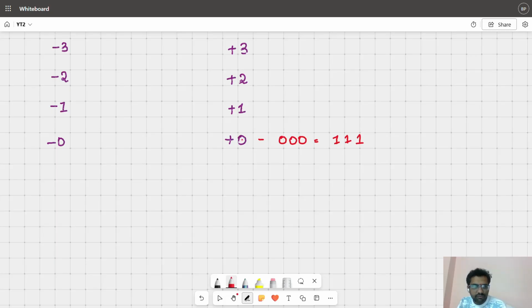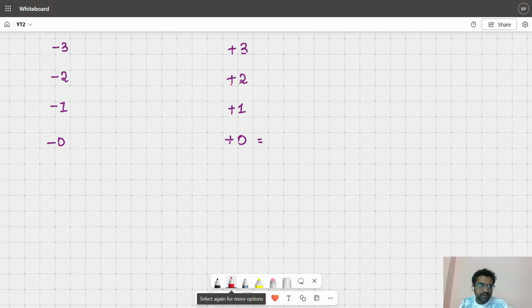So they say that for +0, 1, 1, 1 will be the ones complement equivalent, which is wrong. Why? Because ones complement is only for negative number representation. So we should consider only the negative numbers. Ones complement should be taken only for the negative numbers. For the positive numbers, it remains one and the same.